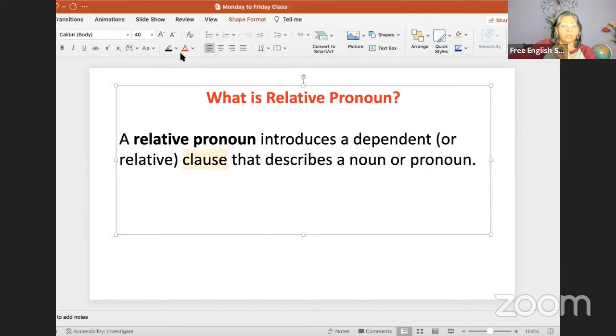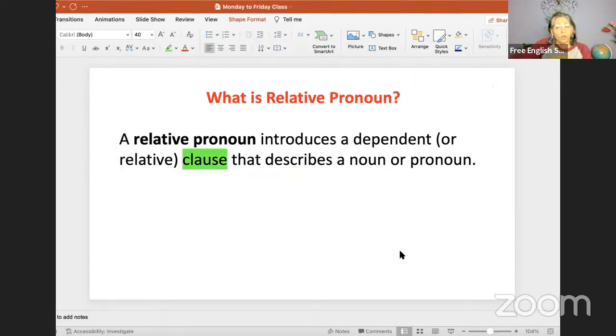So you see this word clause, I will highlight it, that describes a noun or pronoun. Now, again, let's read it again and try to understand. Relative pronouns, what do they do? They introduce.